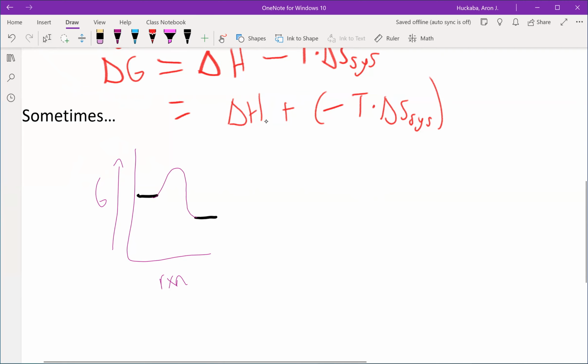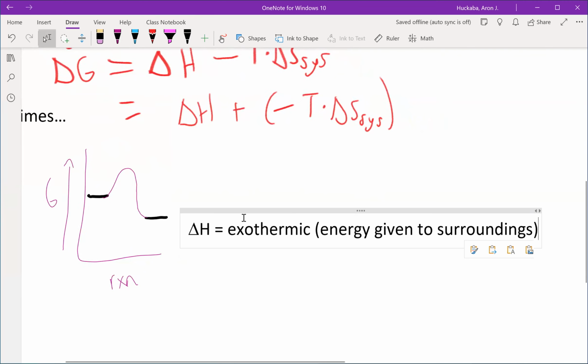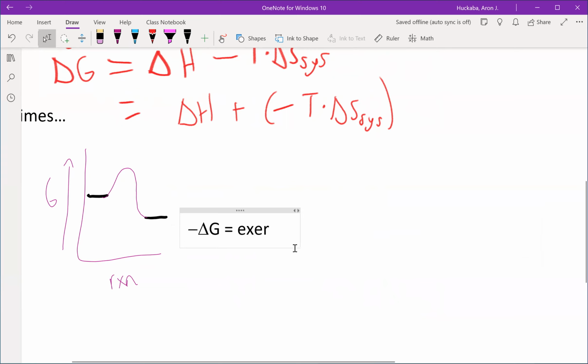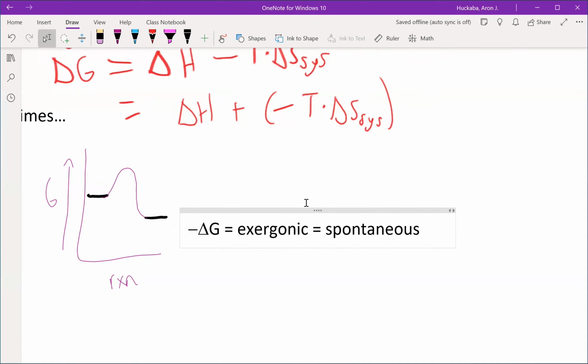I'm not going to draw it, I'm going to write it. Negative delta G is exergonic. Don't get this confused with exothermic. Exothermic deals with enthalpy explicitly, and exergonic is what we call spontaneous Gibbs free energy processes, a spontaneous chemical reaction.